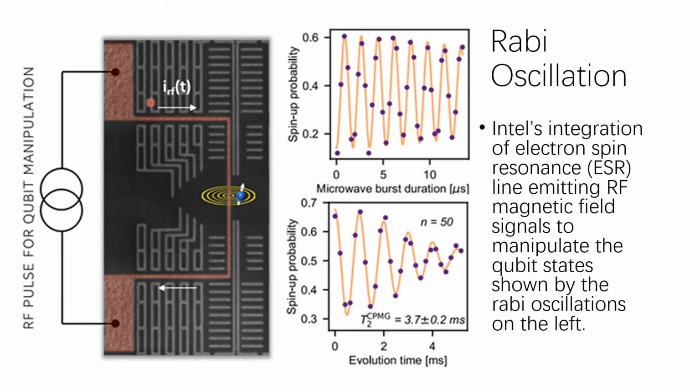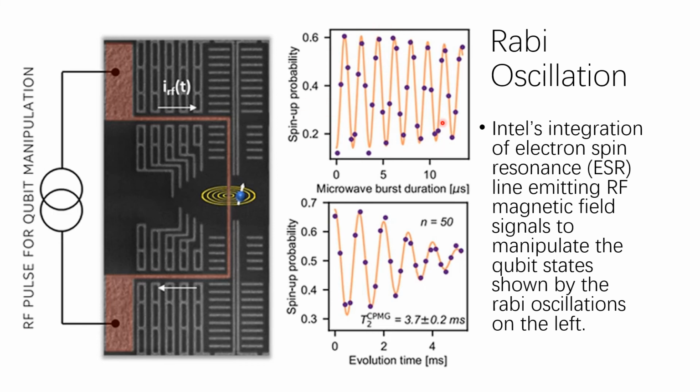This line in brown is our ESR line. What it does is conduct AC current through such a circuit, and the AC current generates an oscillating magnetic field at the qubit position. In this way we can use the oscillating magnetic field, at the Larmor frequency of the qubit, to manipulate the spin or the state of the qubit.